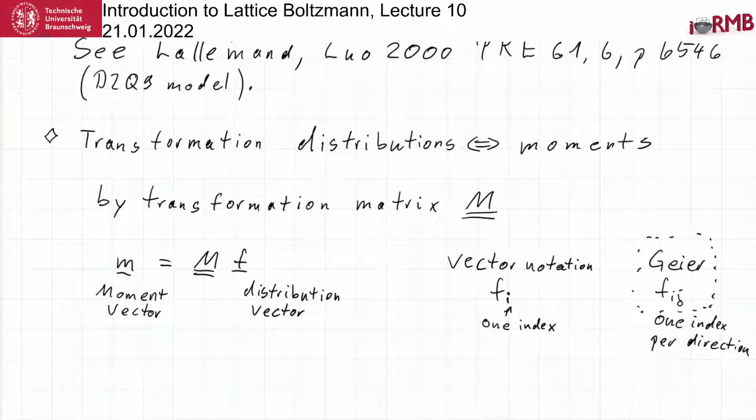Whereas in this f_i, this i here is an element of 0 to 8, and in this version here they are elements of -1, 0, and 1.